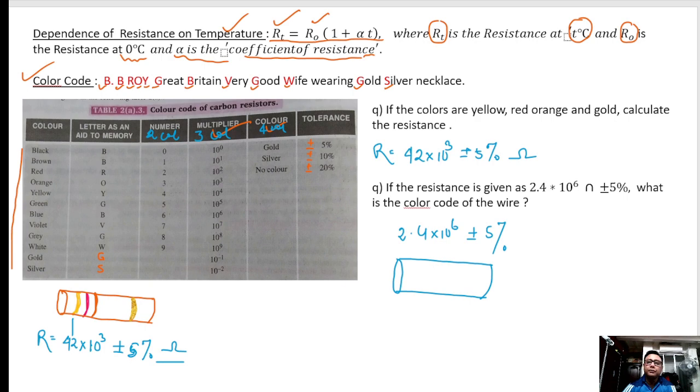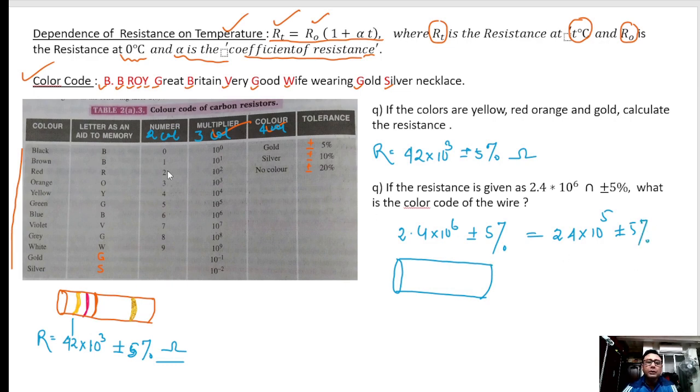It is 2.4 into 10 to the power 6, so I can write this as 24 into 10 to the power 5, plus minus 5%.